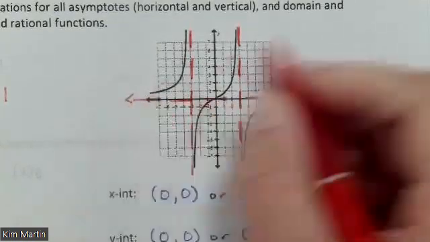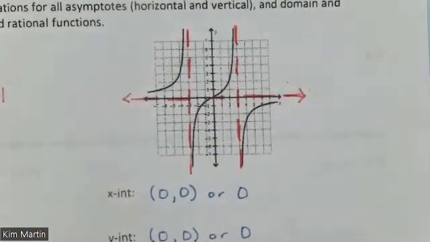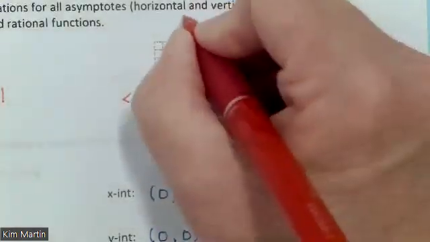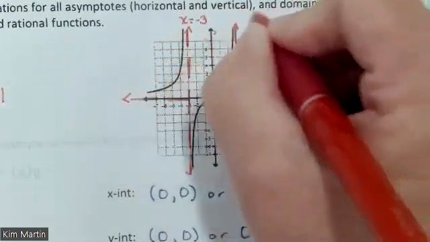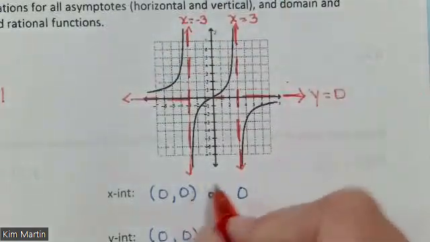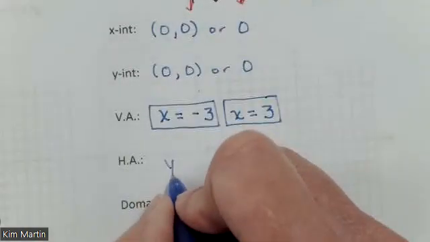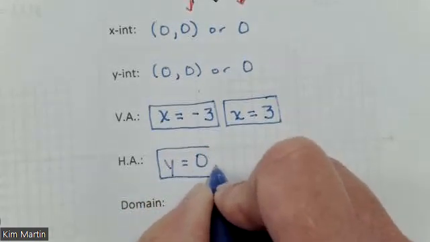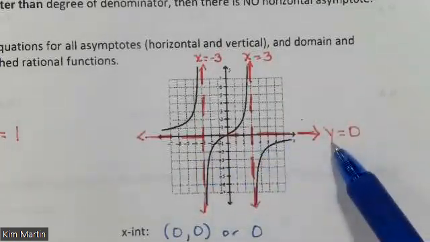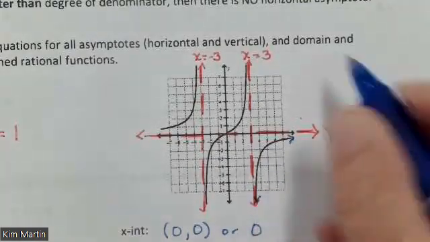So there's one right there, and that is at y equals 0. It's okay to have it cross in the middle because it only affects the far left and the far right. This one doesn't even touch it, but this one kind of does.